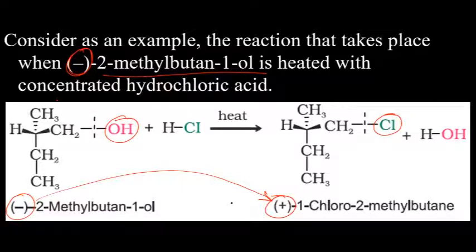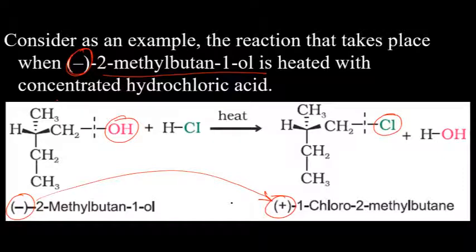So there is no relationship between the retention of the configuration and retention of the optical activity. Don't get confused that we are talking about retention of the optical activity. We are just talking about retention of the configuration, the structure. That's it.